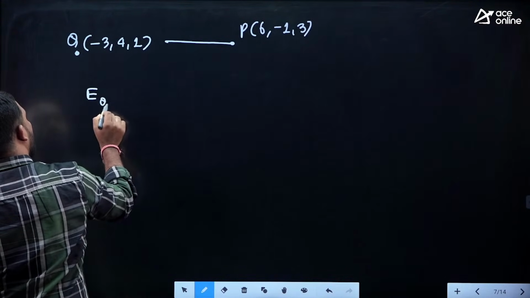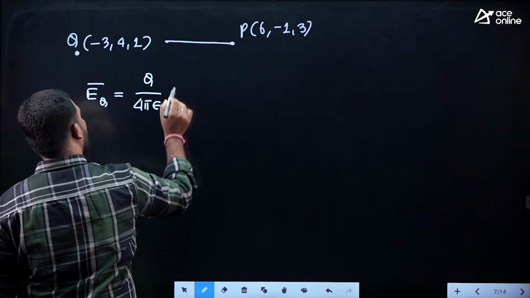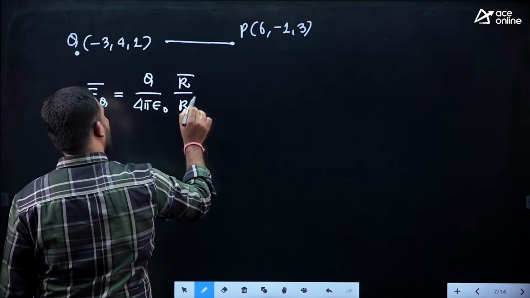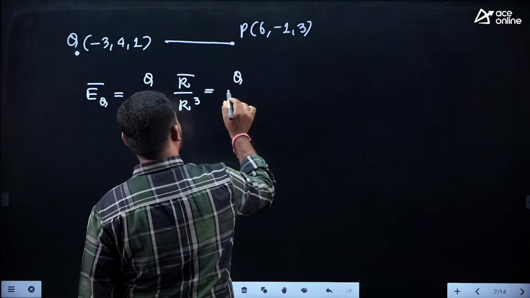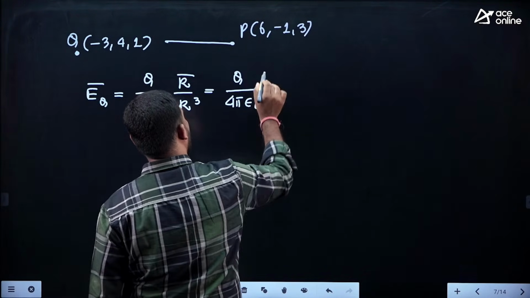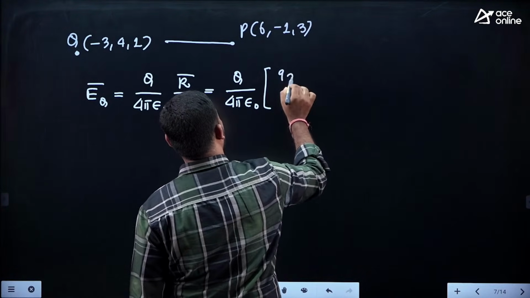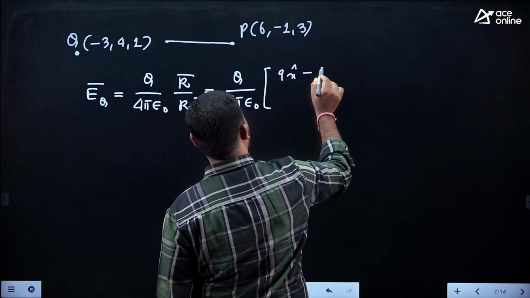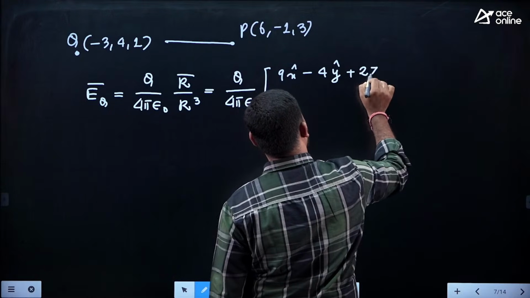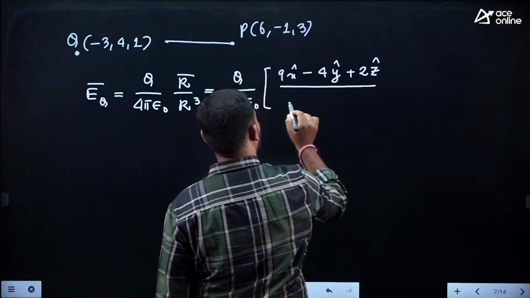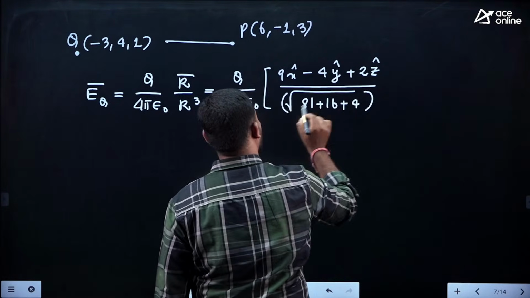What is the electric field due to a point charge, given by Coulomb's law? It is q divided by 4 pi epsilon naught, vector divided by its magnitude cube. The charge is unknown, that is what we need to find out. It is q divided by 4 pi epsilon naught times the vector: 6 minus of minus 3, it is 9 x cap, minus 1 minus 4, it is minus 5 y cap, 3 minus 1, it is plus 2 z cap, divided by the square root of 81 plus 16 plus 4, whole cube.